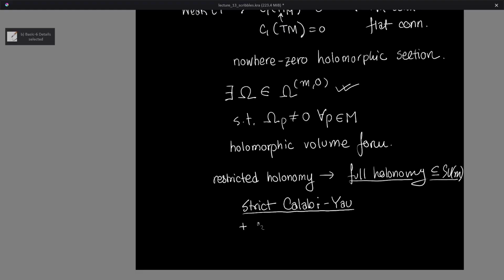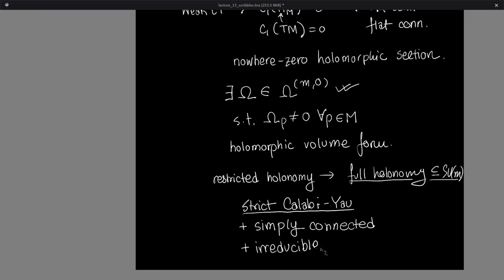The extra properties are always that it must be simply connected. This simplifies a lot of things, as the name suggests. And also, secondly, sometimes that it is irreducible. This means that the manifold's universal cover, the cover that contains all other covers of the manifold, is not a product of two or more lower dimensional non-trivial manifolds.